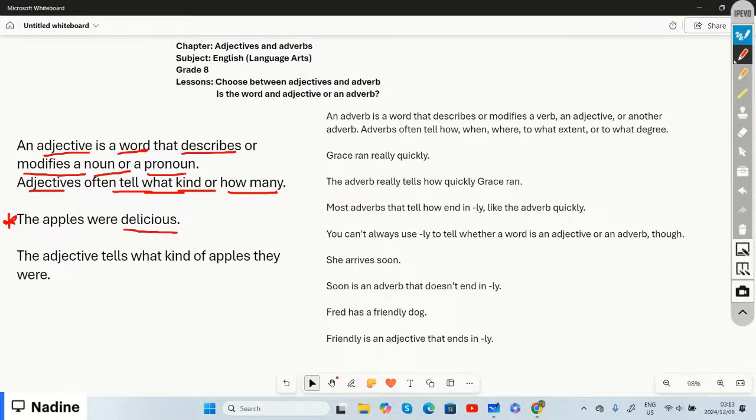It is our adjective that describes our apples. We could have said green apples, red apples, bitter apples, sweet apples, but delicious apples. So that is our adjective, and that describes our apples. It tells us what kind of apples they were.